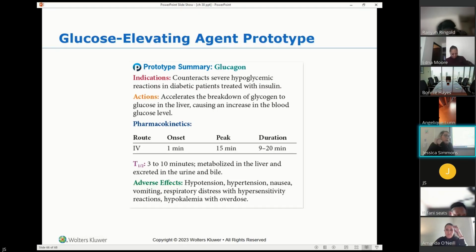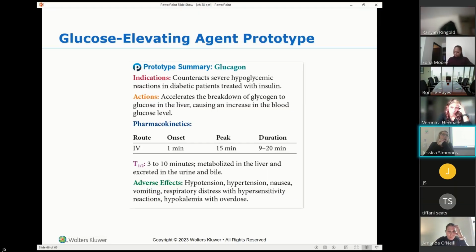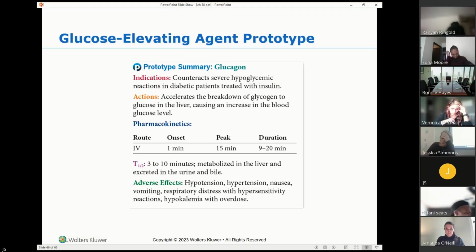When are you going to recheck your patient's blood sugar? 15 minutes. And if your patient is persistently hypoglycemic, you are definitely going to call a provider. Depending on the level of hypoglycemia, you're going to treat accordingly. Any questions?